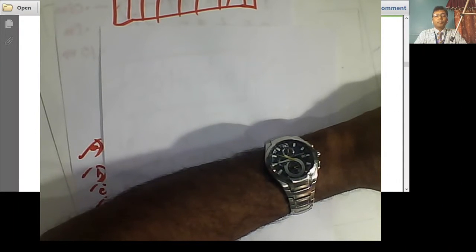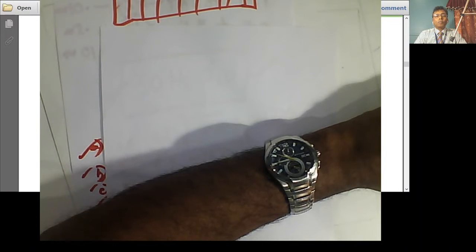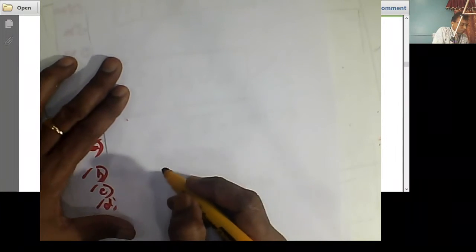First let me start straight away with the sketch. Let us draw the sketch. I will first draw the overall sketch: what is given, what is to be found out. Then you can solve the problem by yourselves. Observe carefully.